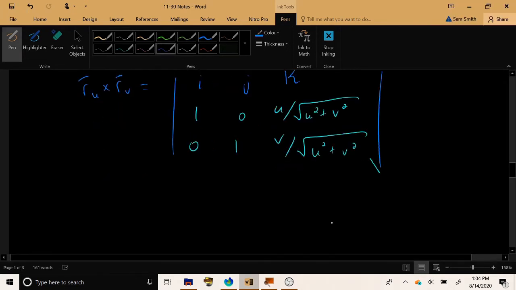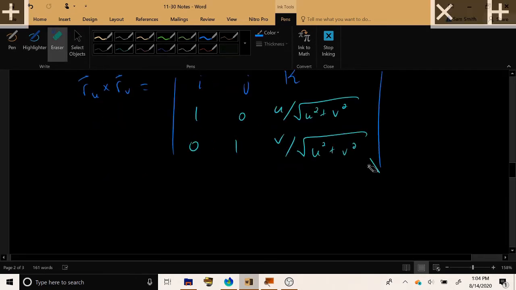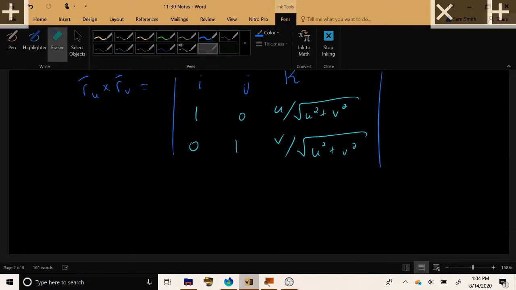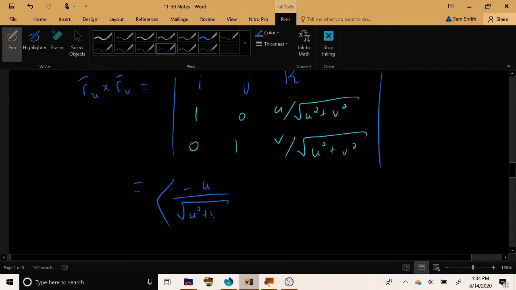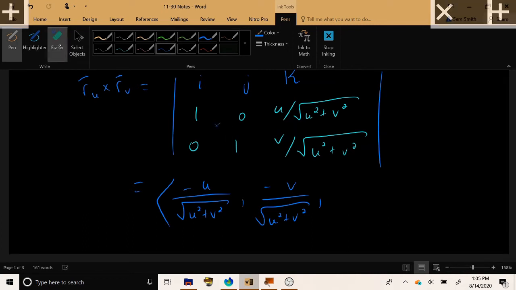And if we calculate the determinant of that matrix, in the i component we get negative u over root u squared plus v squared. In the j component we get negative v over square root u squared plus v squared. And in the k component we just get 1.